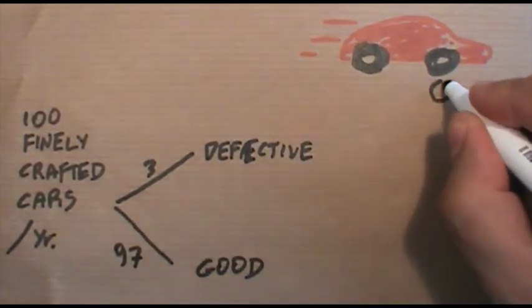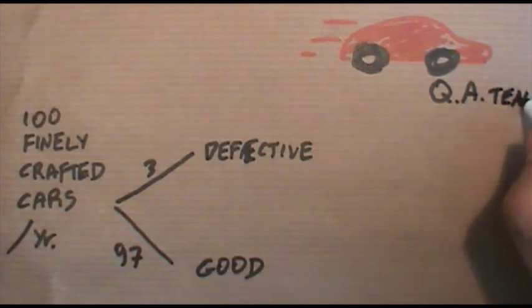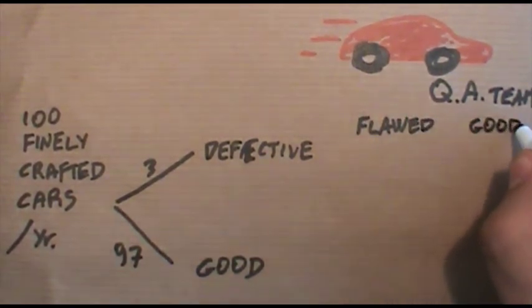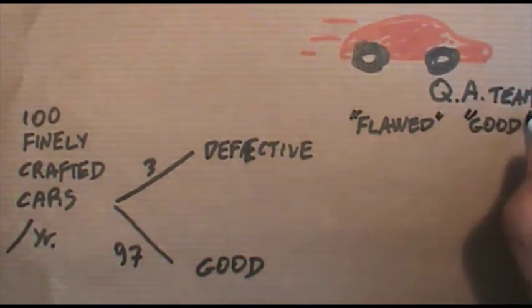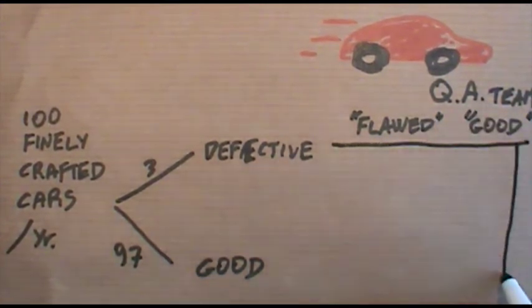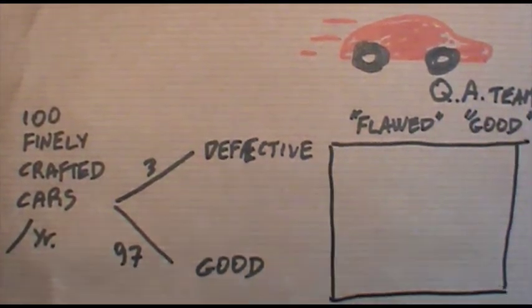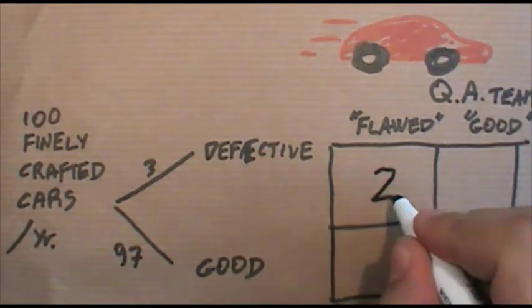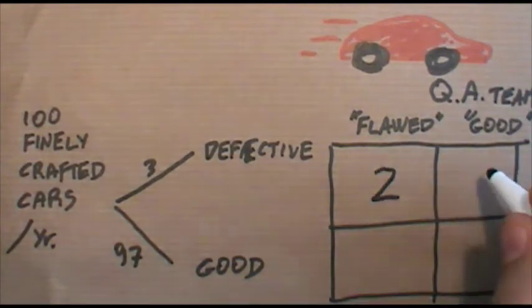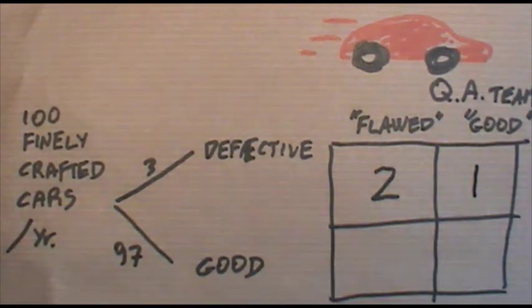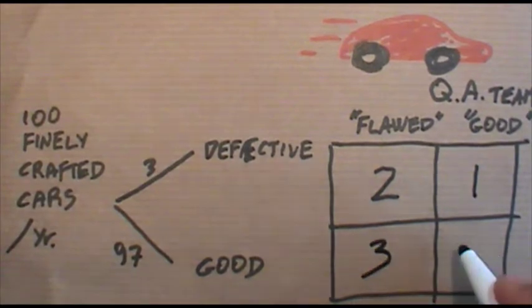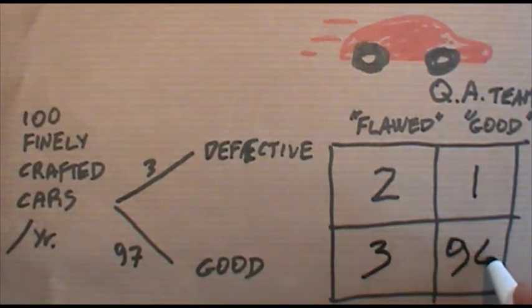Your quality assurance team checks all cars, looking for flaws, but they can commit errors too, maybe because of a miscalibrated test tool or because they ate Bob's famous mushroom fricassee. Of the 3 flawed cars, they only blocked 2, while 1 passed their tests. Of the 97 good cars, 3 were considered defective and 94 passed the tests.